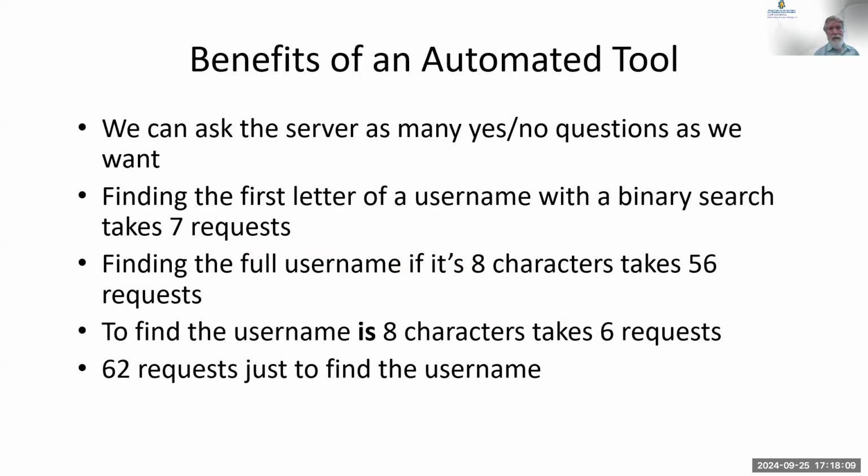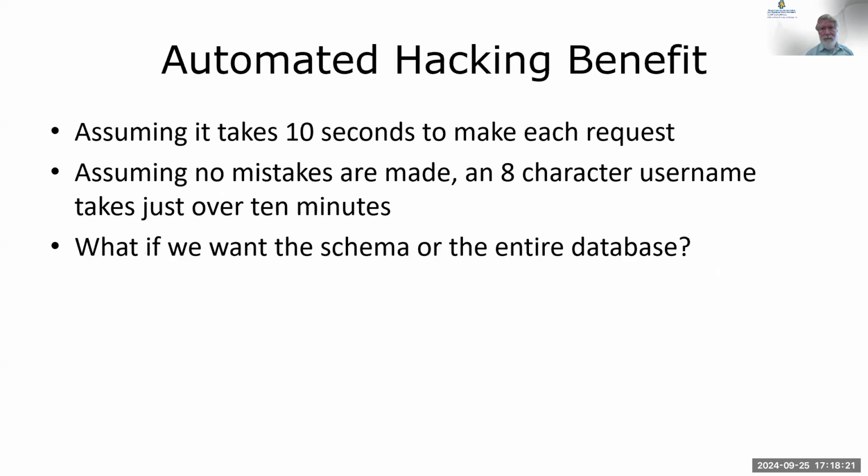It doesn't take too many guesses, particularly if you have a program that does all this for you. So you can do binary searches and find these things. It doesn't take that long at all. Remember here, it takes 10 seconds to make each request. And if you don't make any mistakes, for an 8-character username, it's just over 10 minutes.